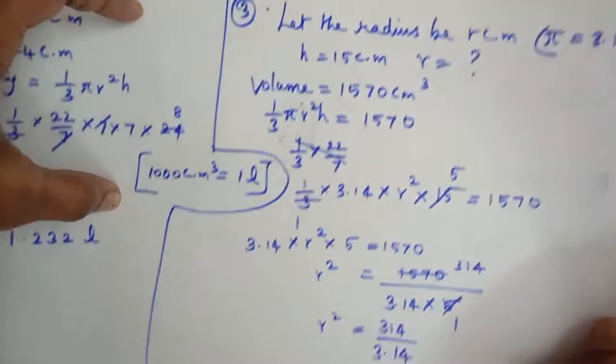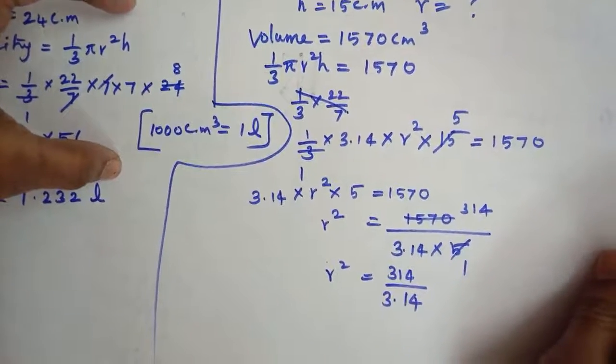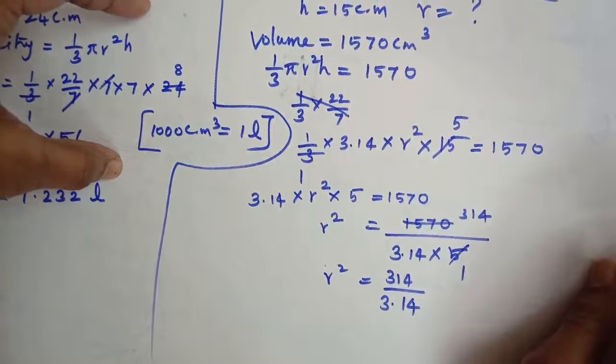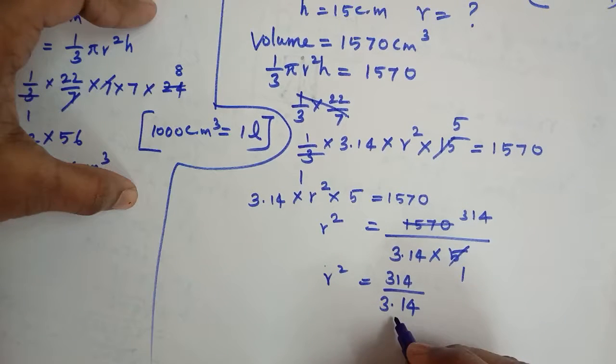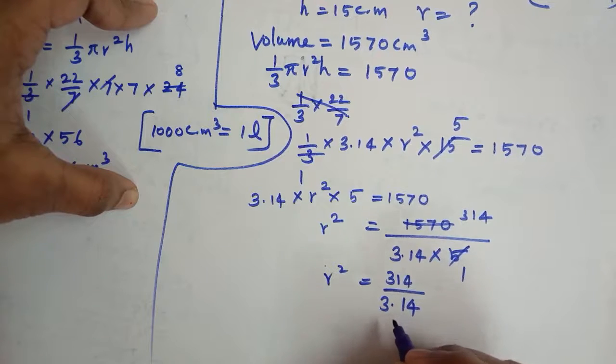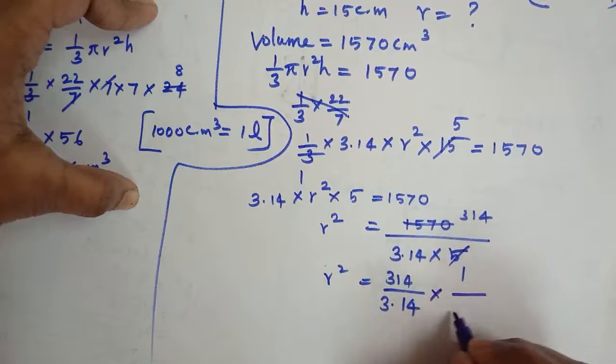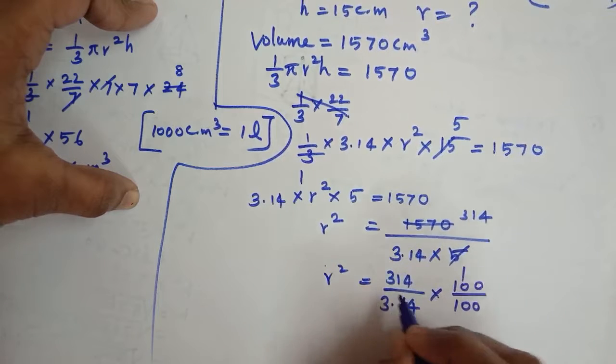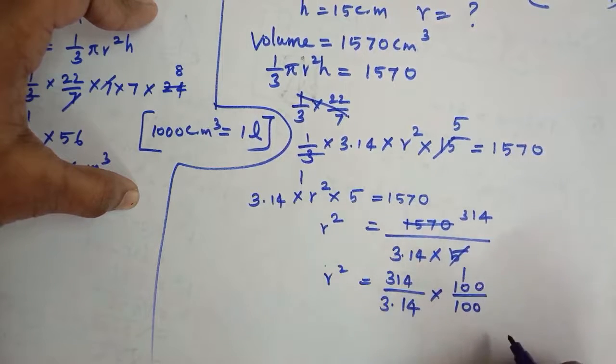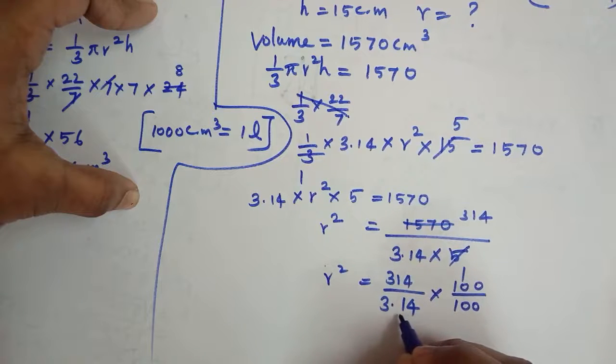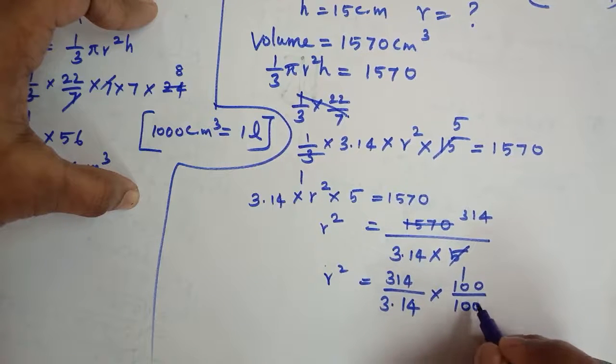How do you divide this fraction? Students, listen. In the denominator there is a decimal number. So you should multiply by 100 both numerator and denominator. Okay, because there are two decimal places, so we should multiply by 100.